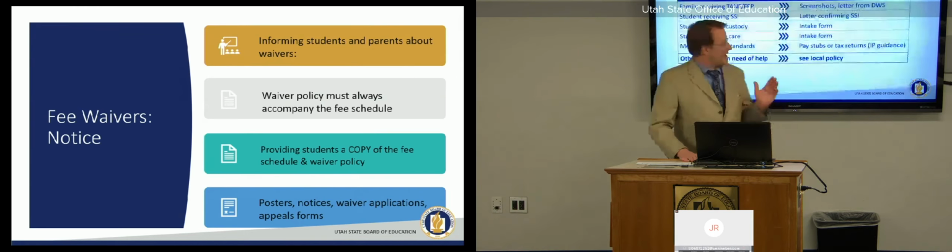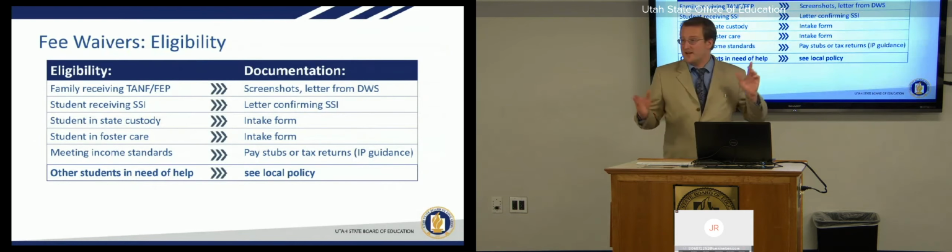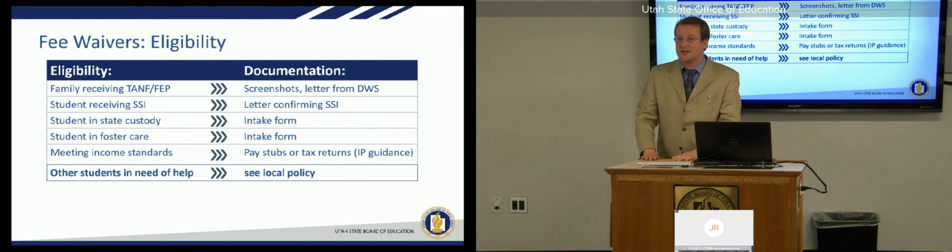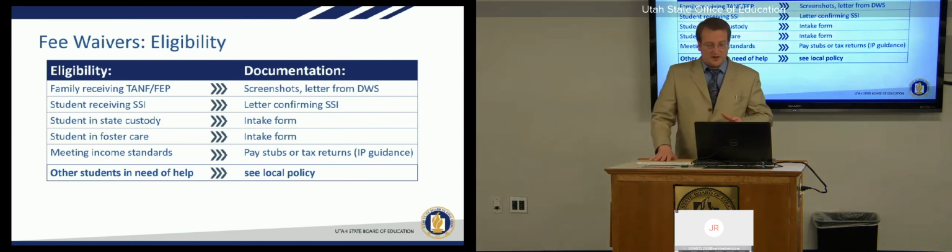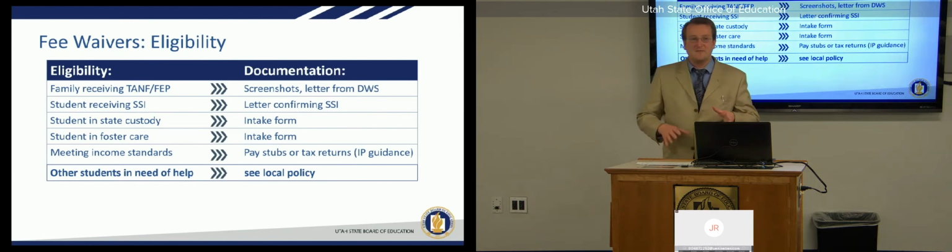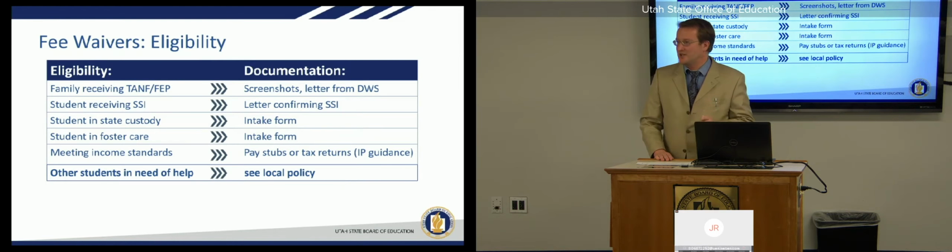Now, for fee waiver eligibility, most of these, I think we have pretty well sorted out by this point. A couple things we wanted to emphasize. We've been talking with DWS, and it has come to our attention that the letter from DWS confirming that they're receiving FEP is probably not the best form of verification.